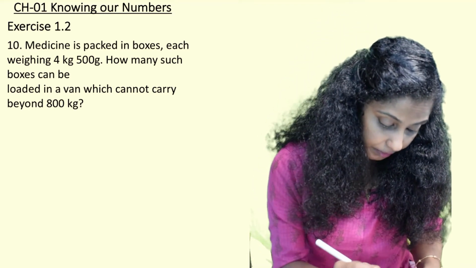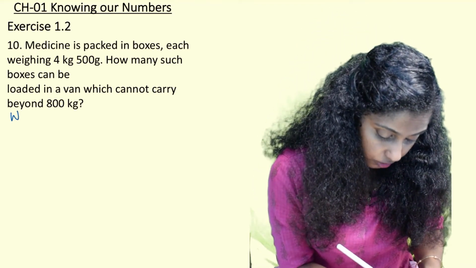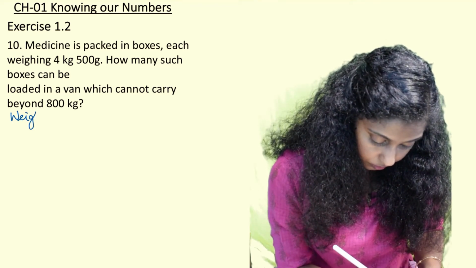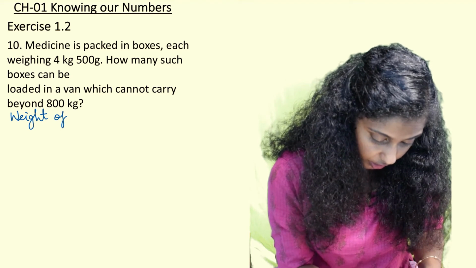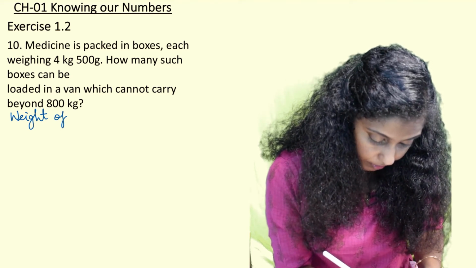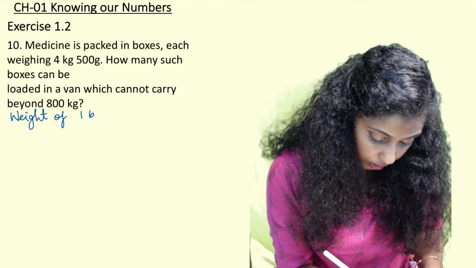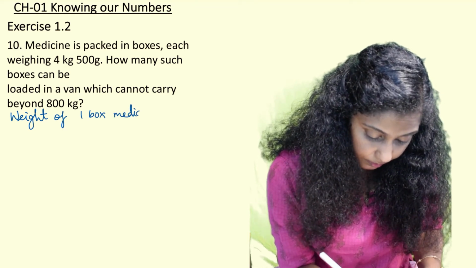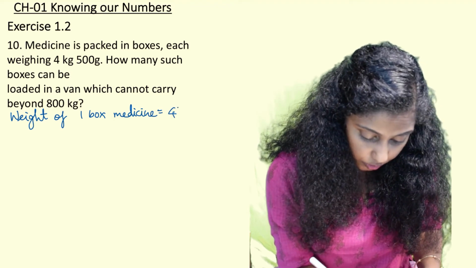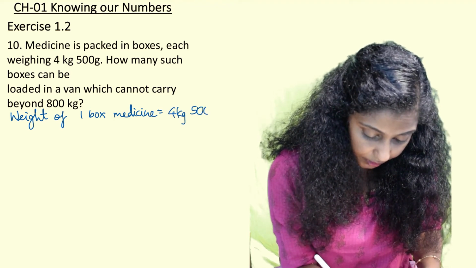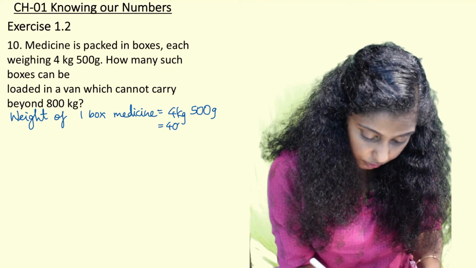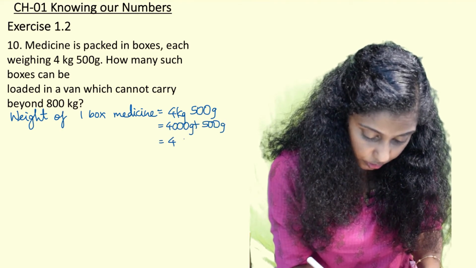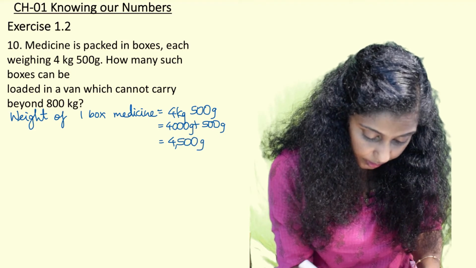So we write the weight of one box of medicine is equal to 4 kg 500 gram. 4 kg is 4000 gram and then this 500 gram, so it is equal to 4500 gram.